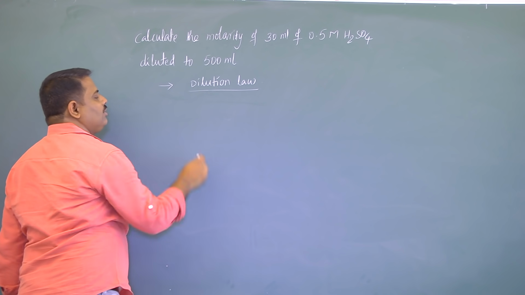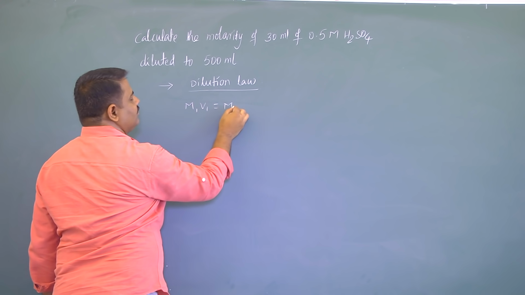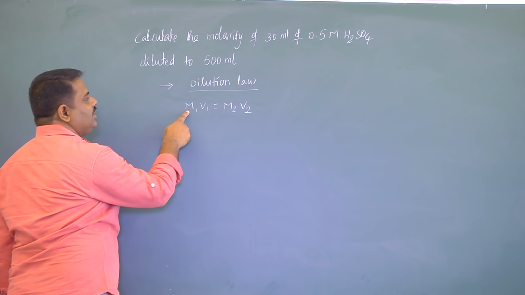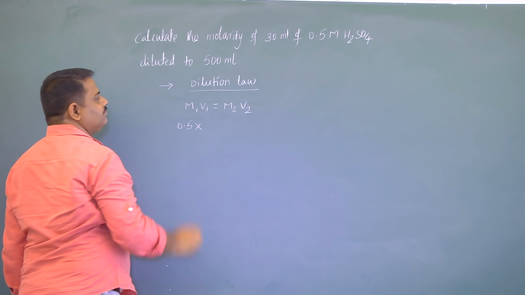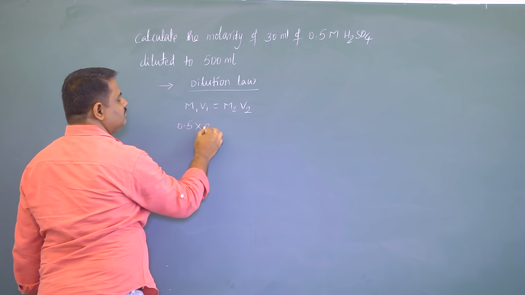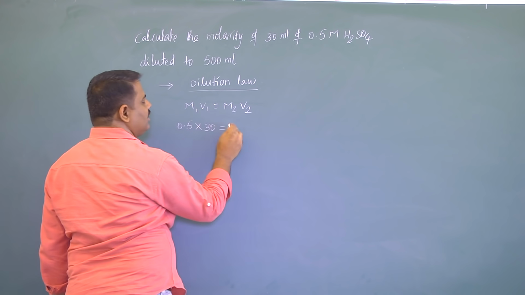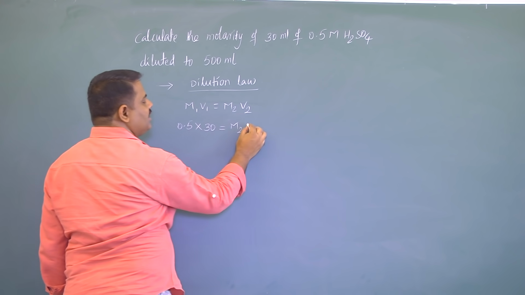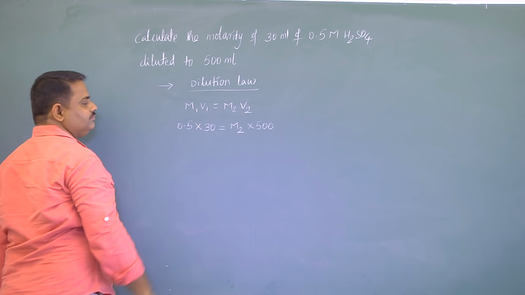So what is the formula for the dilution law? M1 V1 is equal to M2 V2. Here M1 is the initial molarity, that is 0.5. V1 is the initial volume, that is 30 milliliters. So you have to calculate the final molarity here. What is the final volume? 500 milliliters.